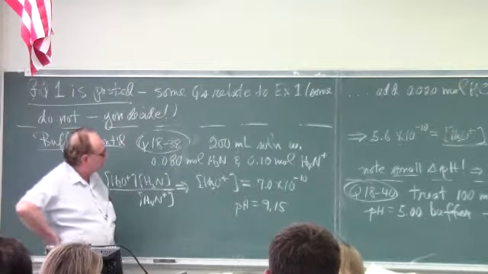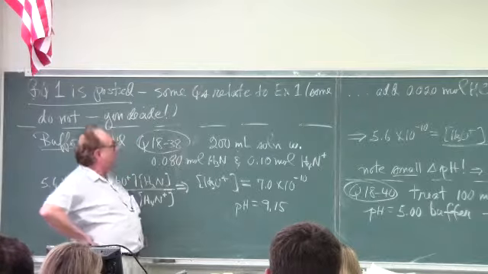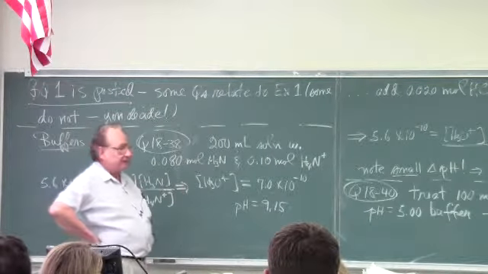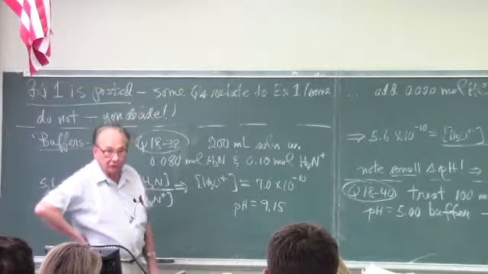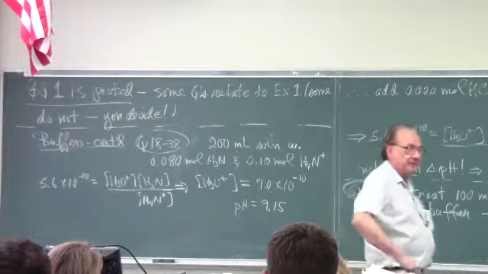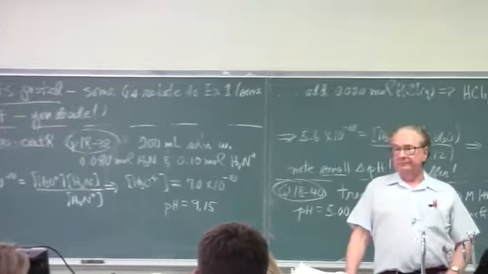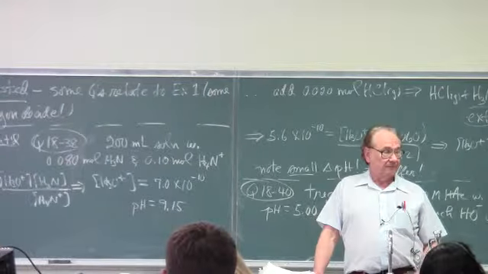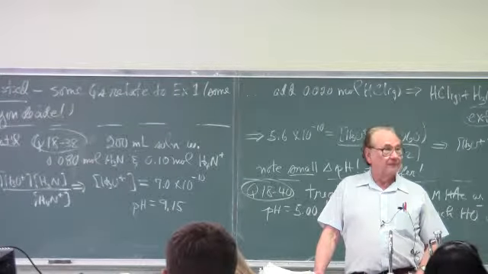Now, what if I take this system and I say, I'm going to add 0.20 moles of HCl. Not 0.2, but 0.20 moles of HCl. Now, what's going to happen? The first 0.08 will react with ammonia, and then the rest of it will react with water.